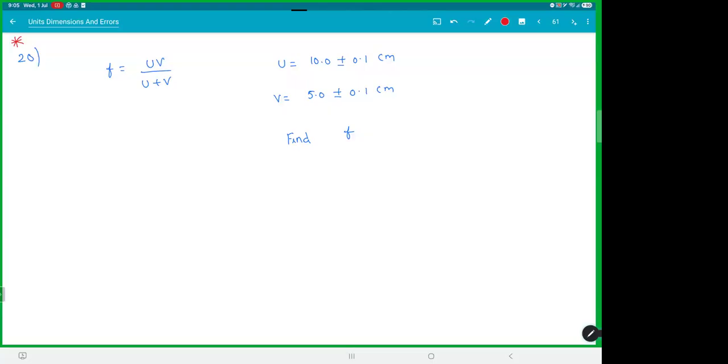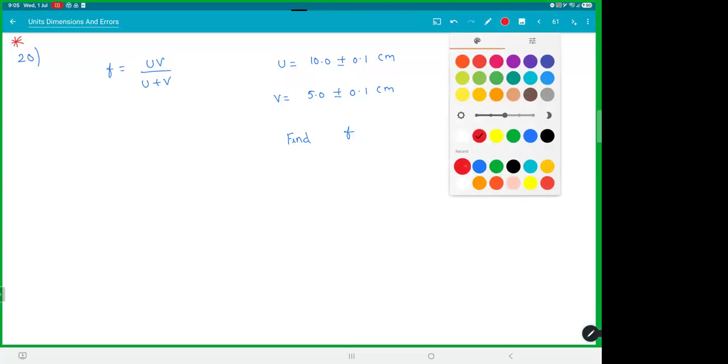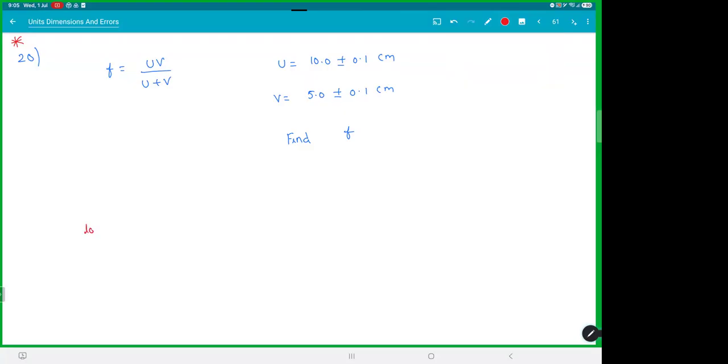I tell you something. See what people do. They will say, okay, we will put log on both sides. Log F equals log U plus log V minus log of U plus V. Basically the power rule. Differentiate: df by f equals du by u plus dv by v minus d of (u plus v) by (u plus v).